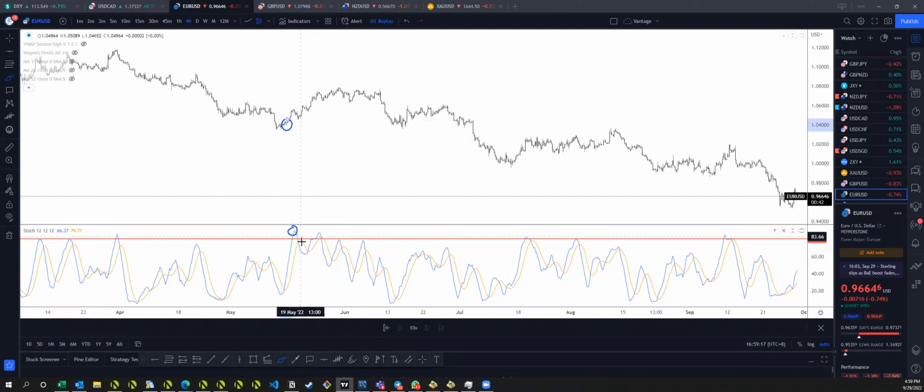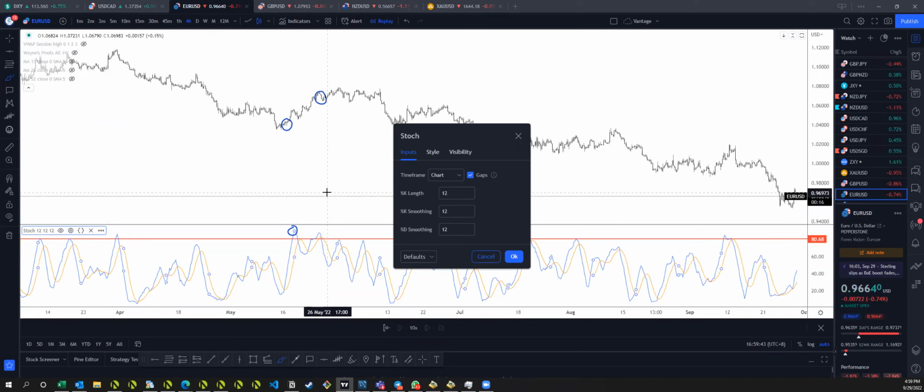So this wouldn't have been a valid sell. So it reduces your frequency, but in return increases the accuracy of your trading signals. If this orange line is above, then this becomes a valid sell. So that's kind of the way.